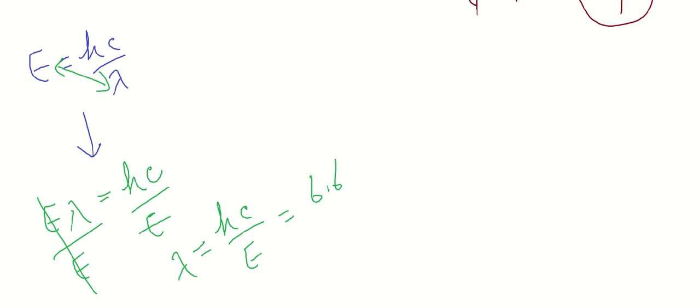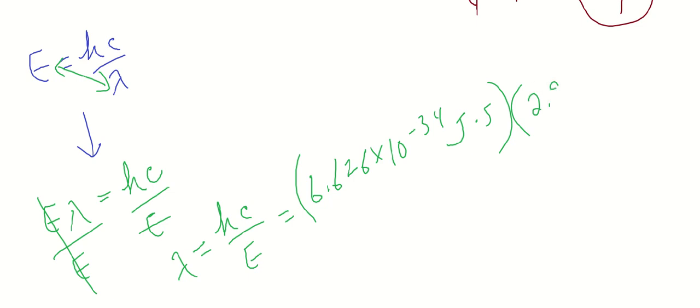Planck's constant is 6.626 times 10 to the negative 34 joules times seconds. The speed of light is 2.998 times 10 to the 8 meters per second. We can see the seconds cancel out.